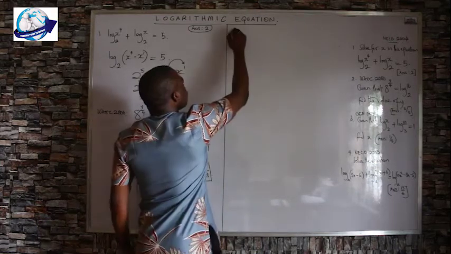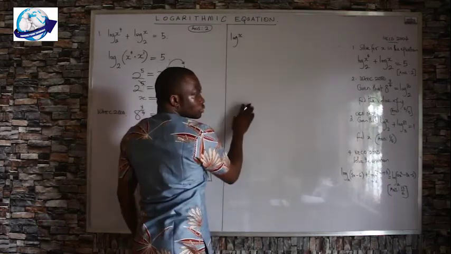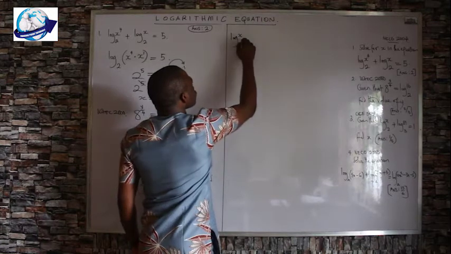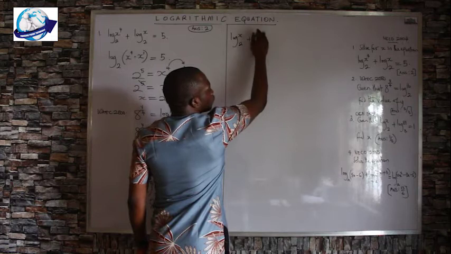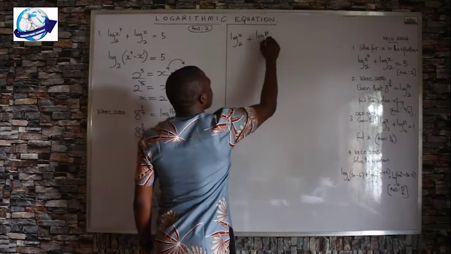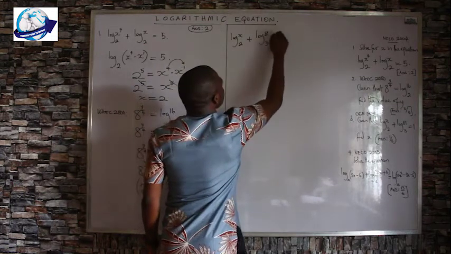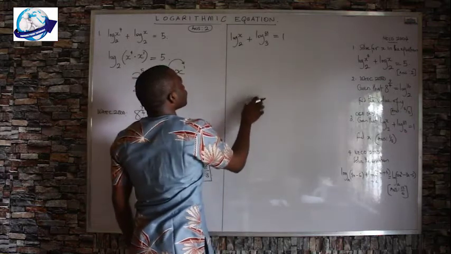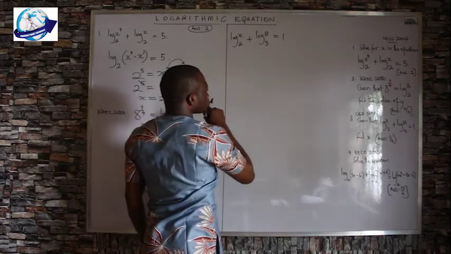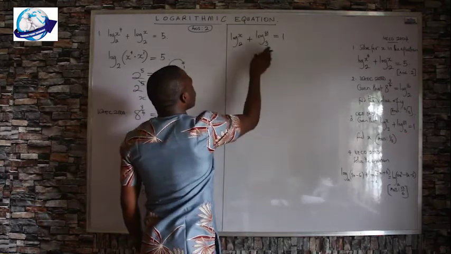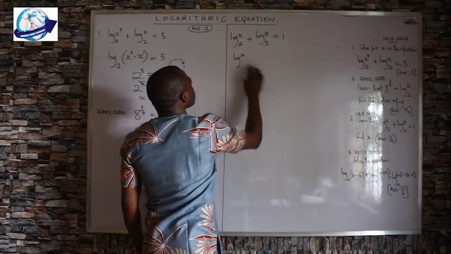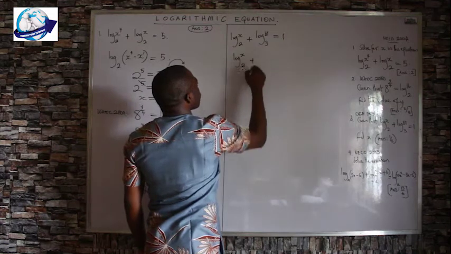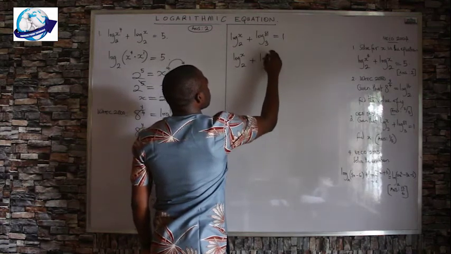Given that log x base 2 plus log 81 base 3 is equal to 1. Please mind you, check this very well. We have log x base 2 plus logarithm.